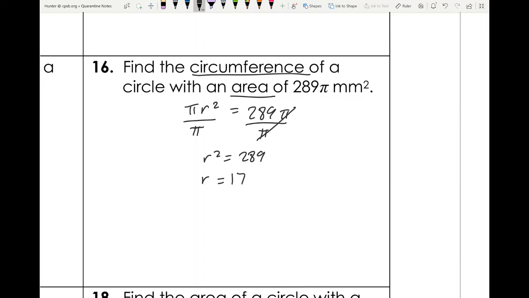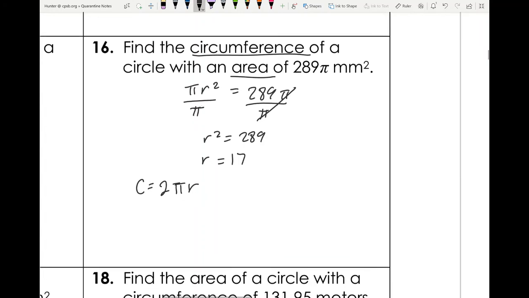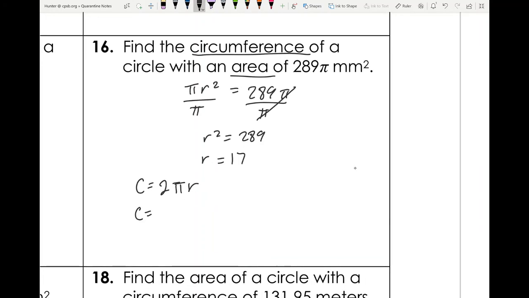But I want to find the circumference. So my circumference in terms of radius is 2 pi r. So I plug in my radius now. Let me put my exact answer first, sorry, it equals 34 pi, which is approximately 106.81 millimeters.